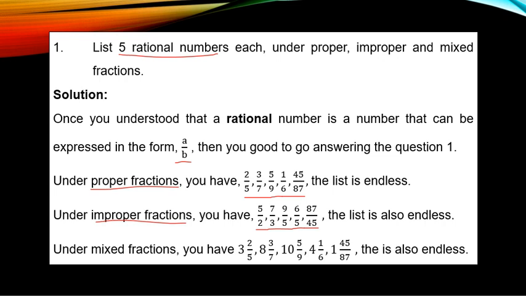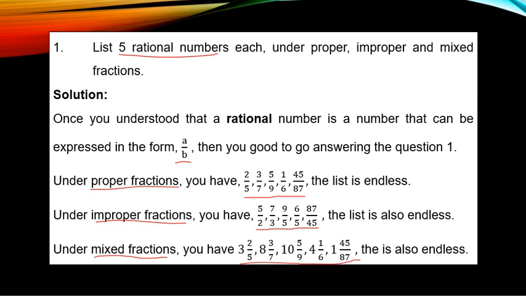Under mixed fractions, we define mixed fractions as the fractions obtained when we add or combine a whole number and a proper fraction. So I listed all the proper fractions in the first case and attached whole numbers to them. That is 3, 8, 10, 4, 1.